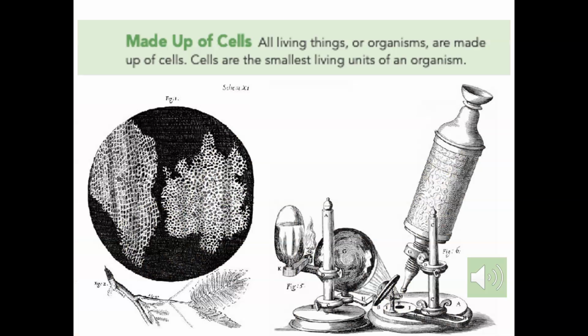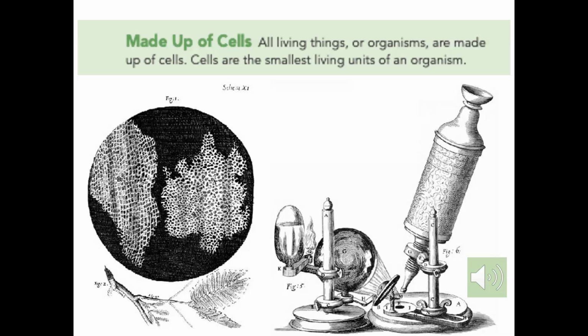We take for granted a lot of things that we know about science, and one of those things is that all living things are made up of cells. Living things can be just one cell. We have organisms that have only one cell: parameciums, amoebas, bacteria. Robert Hooke is one of the first people to look at cells.